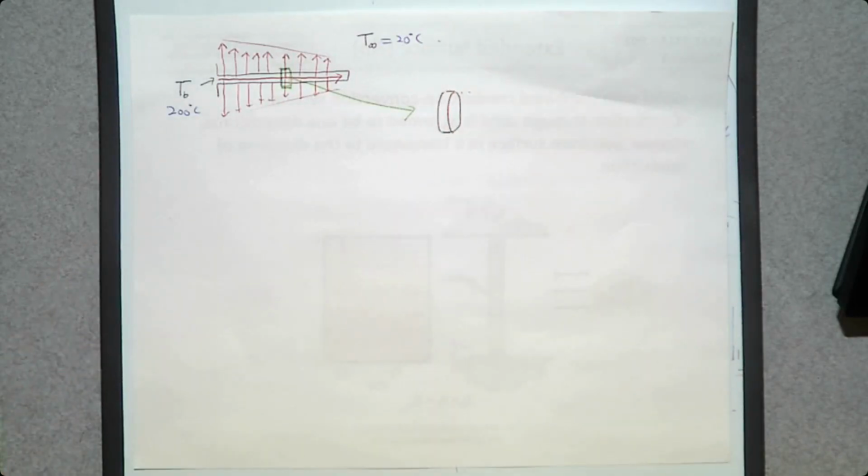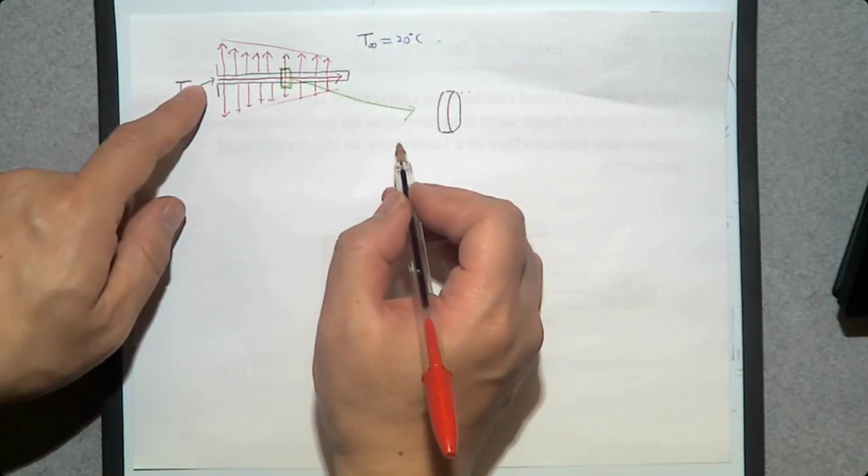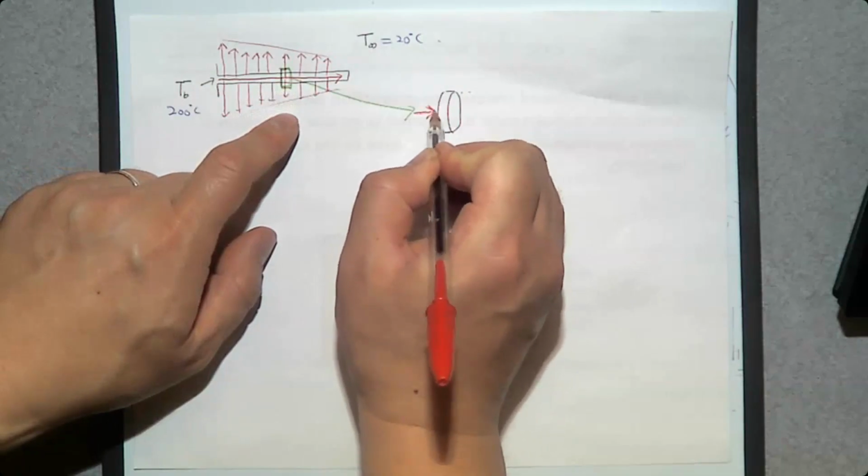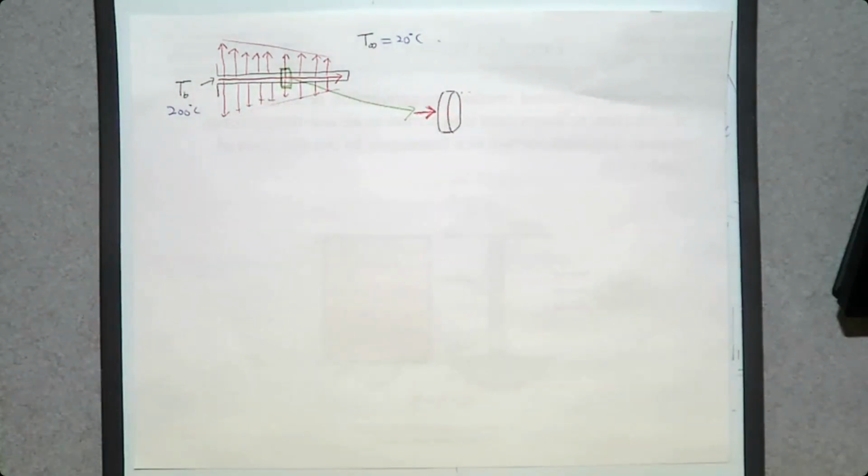Then what is the heat transfer direction? So there is a heat transfer from the base to this control volume this way. And what is the heat transfer? Is it conduction, convection, or radiation? Through this fin, is there any moving fluid?